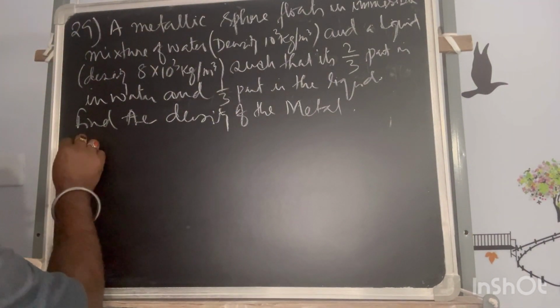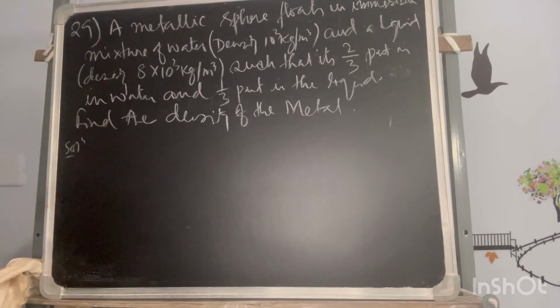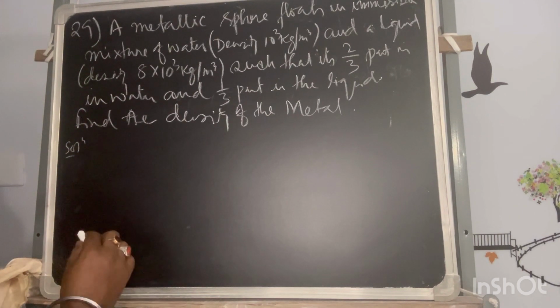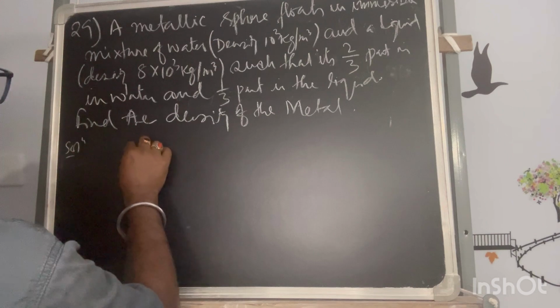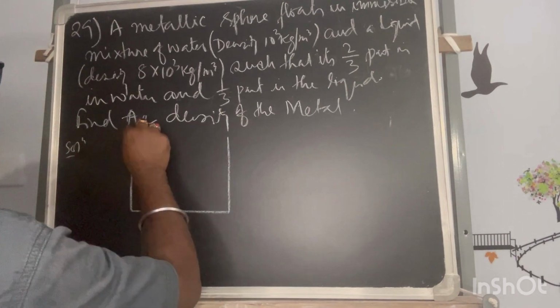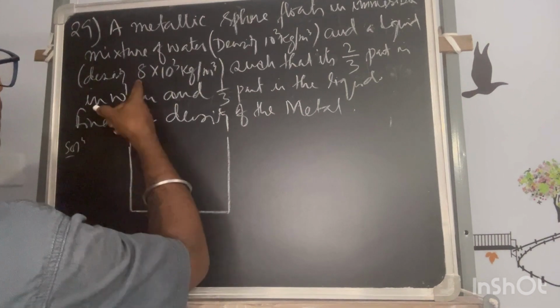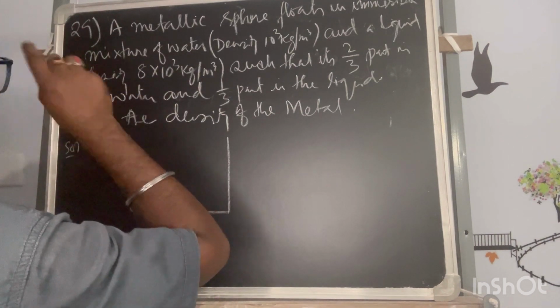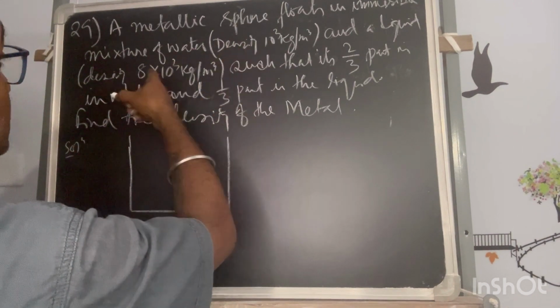So if I draw the figure, a metallic sphere floats in an immiscible mixture. There are two different liquids. One is water and this is another liquid of higher density. So this is much heavier than water.